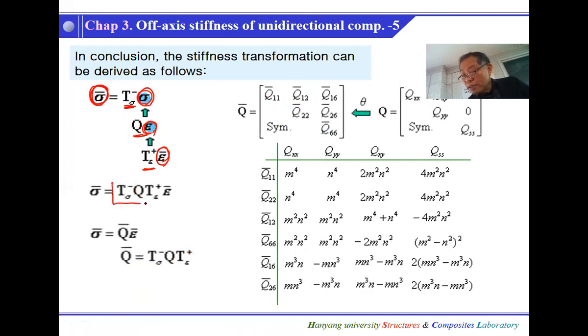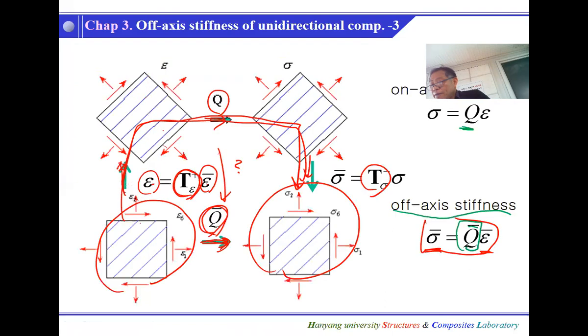So this three-step, conceptual three-step, is nothing but the off-axis stiffness. Okay, 3 times matrix multiplication is the same concept as this material strain transformation, over on-axis stiffness, and stress transformation.